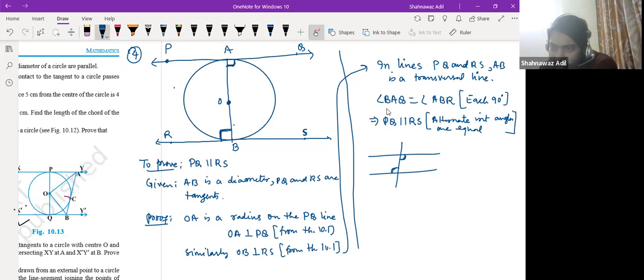So we have shown that this angle and this angle are equal, and AB is a transversal line. Then PQ and RS are two lines, and AB is transversal, and these alternate interior angles are equal, which means PQ and RS are parallel. Is it clear? Yes.